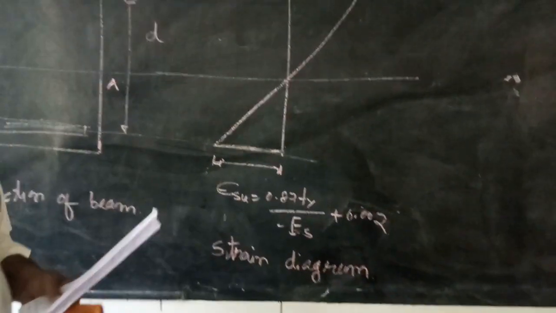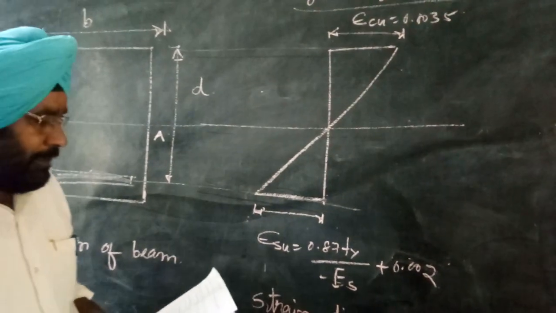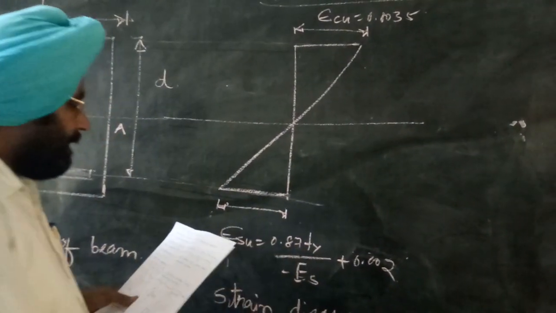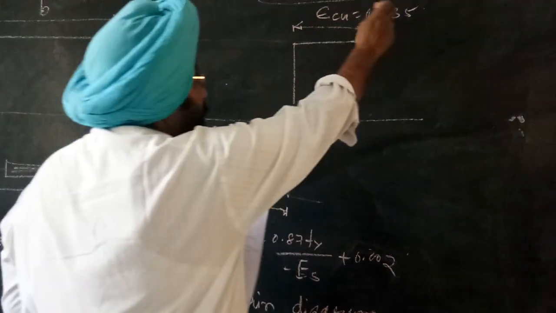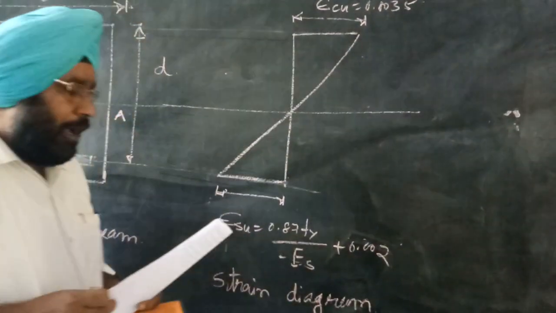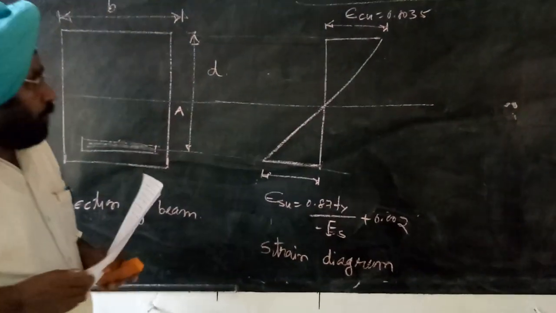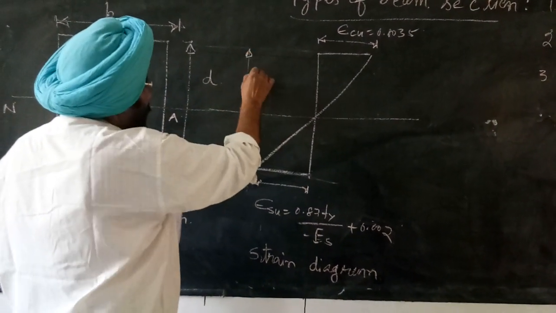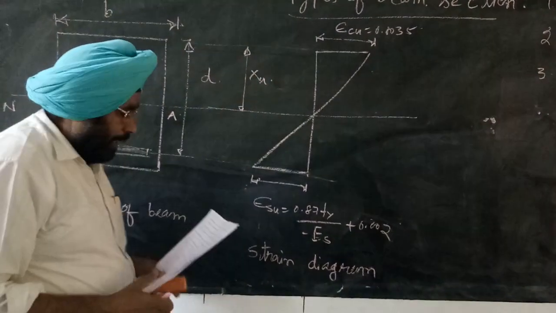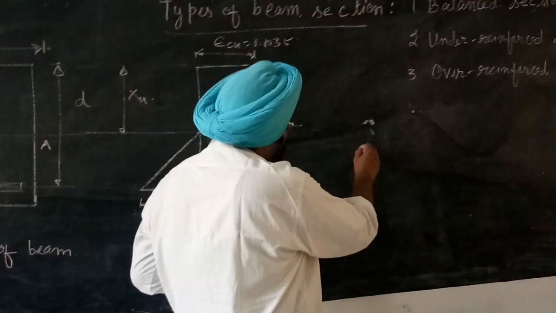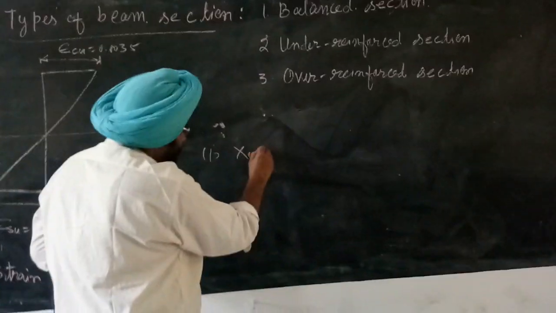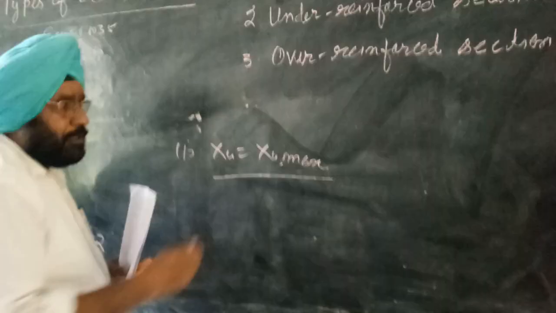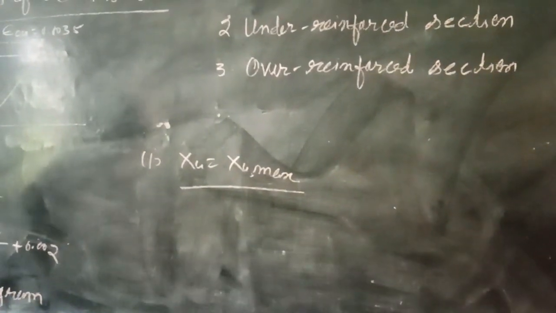So this is the strain diagram for the beam section. The section in which the tensile steel reaches the yield strain simultaneously as the concrete reaches the failure strain is called balanced section. For the balanced section, xu equal to xu max, means depth of the neutral axis will be maximum depth of the neutral axis.